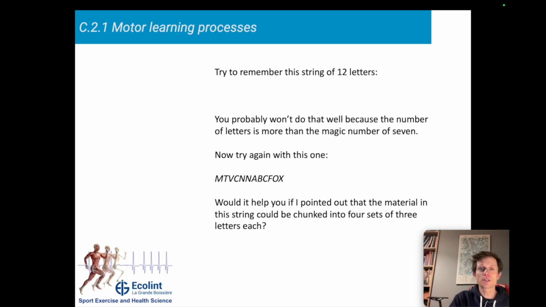Some of you might have recognised that MTV, CNN, ABC and Fox, the letters for 4 of the biggest broadcasters in America. In this case, what this means is we only have to remember 4 pieces of information rather than 12. In reality, these are the same 12 letters that I used at the beginning of this test. But in this orientation, we can chunk them together and remember them much more easily.